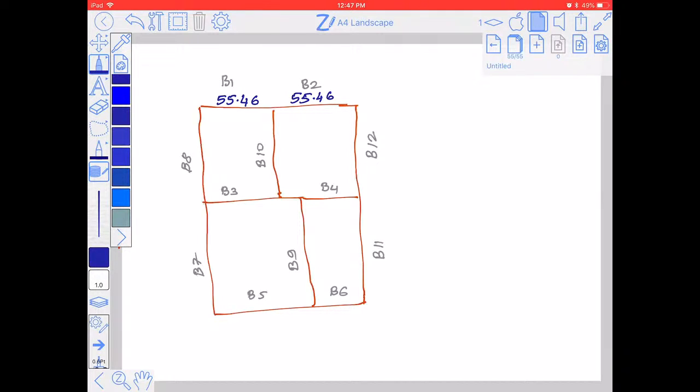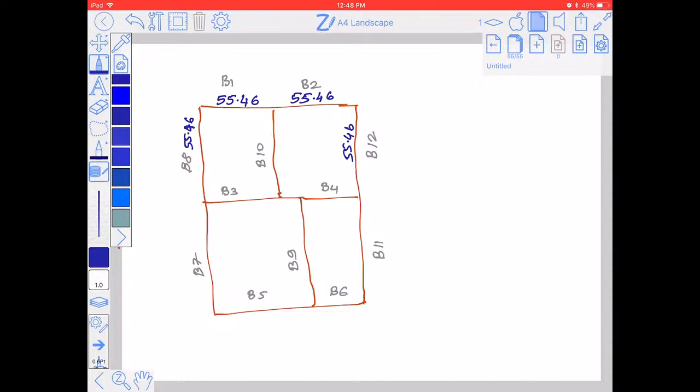Obviously B8 is also quite similar, it also carries a load of 55.46, and B12 is also the same. Is it correct? Obviously the same triangular load is distributed, so B1, B2, B8 and B12 are the same.